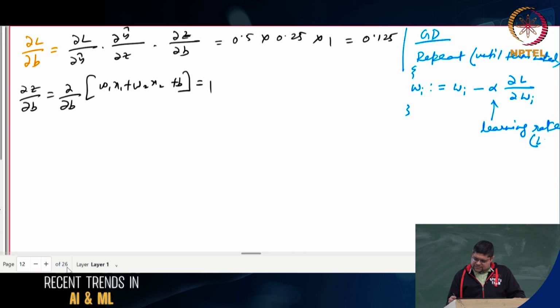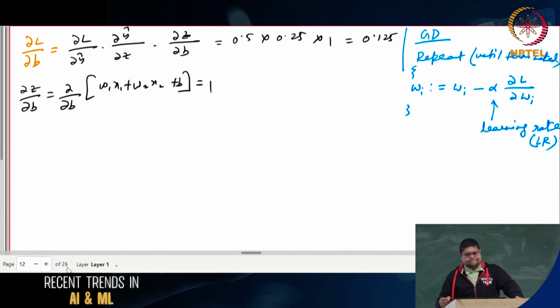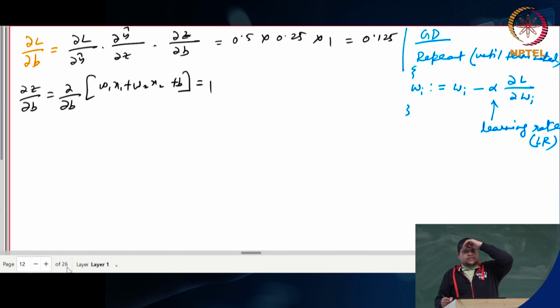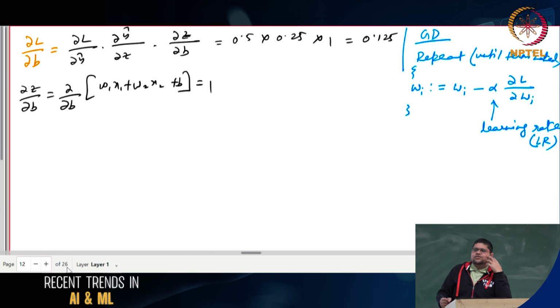Learning rate, I am writing alpha, learning rate. Details, running out of time, maybe we will discuss later. So what does it mean by the name learning rate? It means the rate of learning, or how fast you are learning. That, if time permits, I'll discuss in detail.